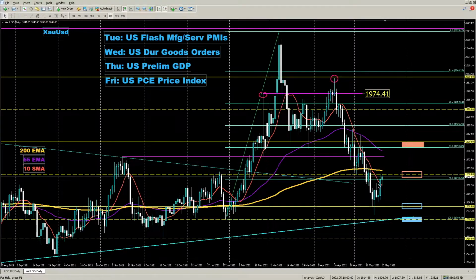This was after a couple of slightly lower than expected retail sales figures on Tuesday, and then the lower Philly Fed manufacturing index figure on Thursday, which allowed the major pairs as well as spot gold to take advantage and recover back higher.